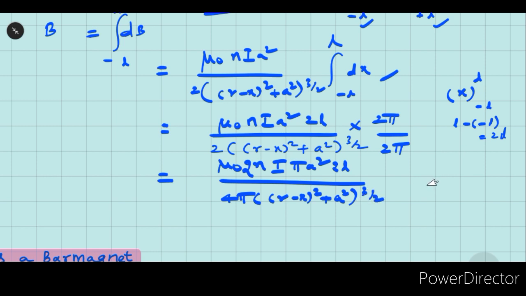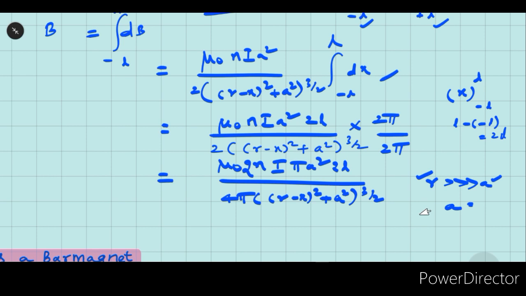When R is very much greater than A, that is the point P on the axial line is at a greater distance compared to the radius of the coil, then we can ignore the value of A from this expression.